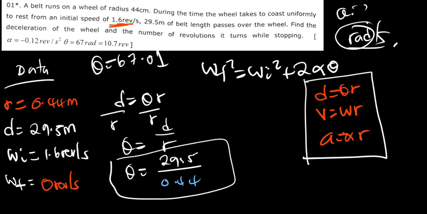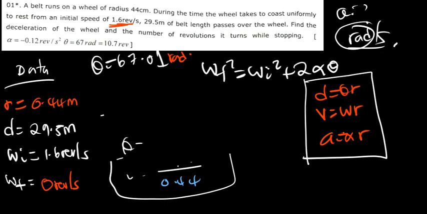It's going to be in rad. So this is now in rad. So what I'm going to do now is go ahead and use my formula to find the answer.